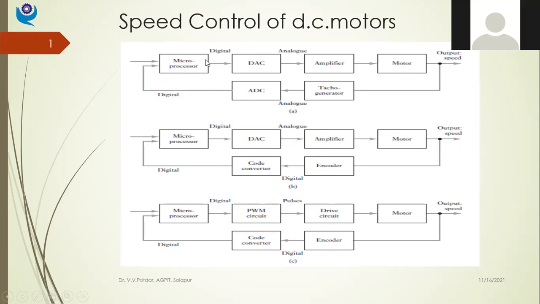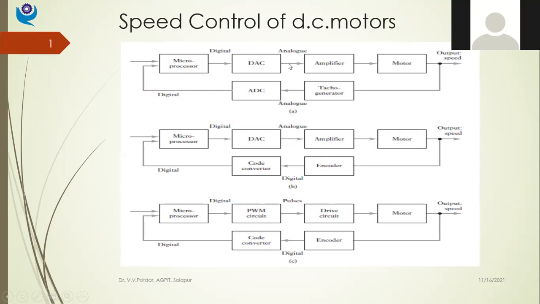Now, this digitally equivalent signal will not be able to run the motor directly because the DC motor runs on analog voltage, right? We have already seen. So this output given by the microprocessor controller, which is the digital signal, will be converted into an equivalent analog signal by using a D2A converter. We have seen in the previous classes different types of A to D converters and different types of D2A converters.